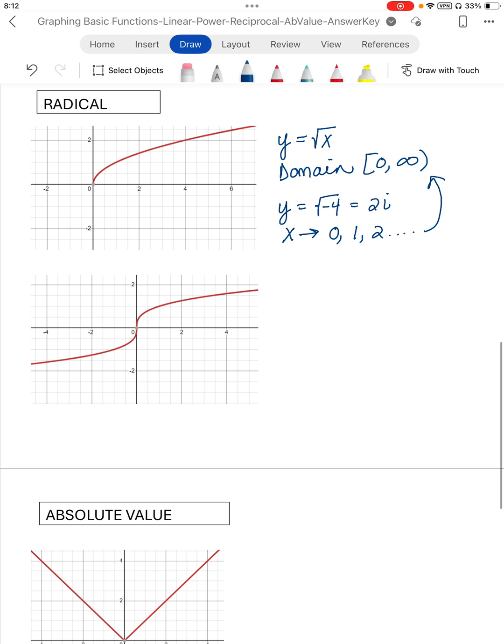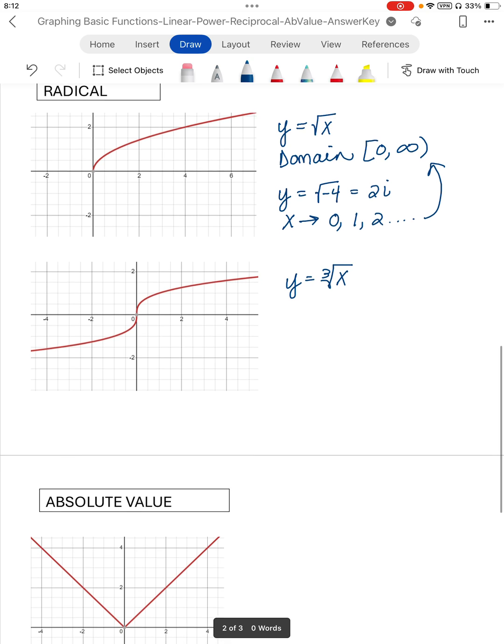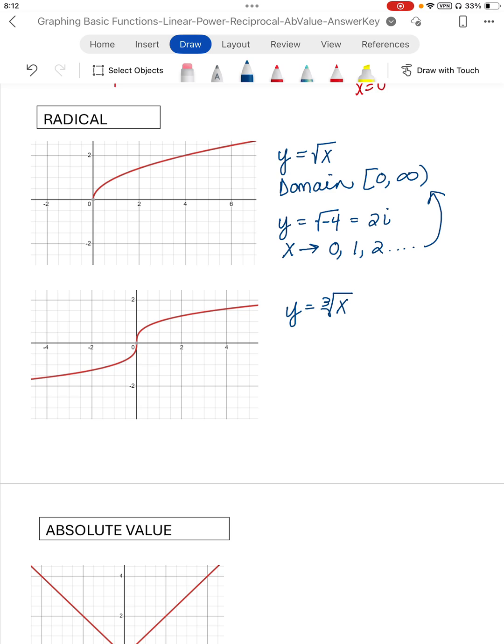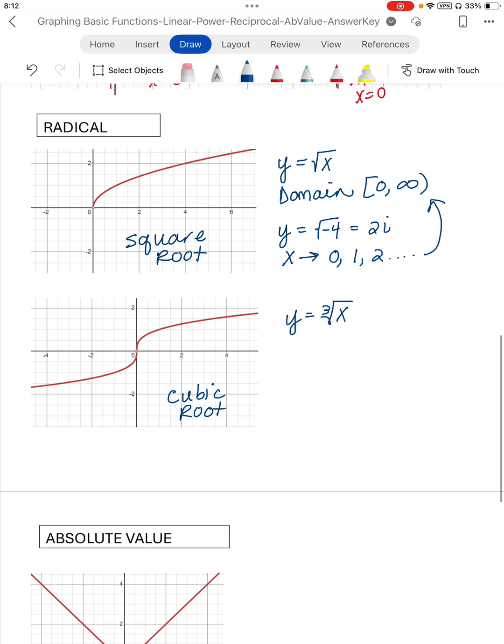Now, when you come to the second one here, we have the cube root. Not cubic, cubic was up above, cube root function. Now, in this one, you can see it's kind of like if you take the square root function that we just talked about, so let's label that, by the way, square root, and then this one here would be the cubic root or cube root, however you want to think of that.